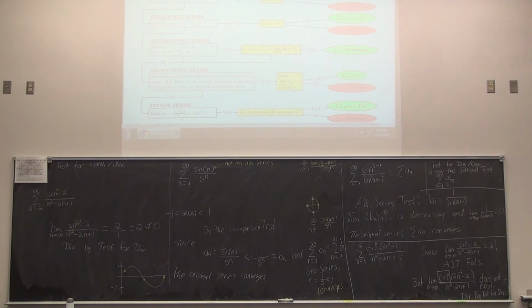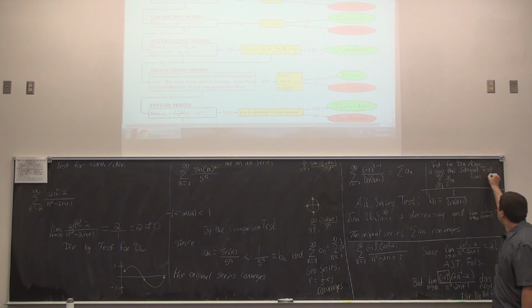So if the problem says use the integral test, you're fine to assume the hypotheses of that test are met, and they don't have to be checked. But if you like, you could say, let f of x equal x divided by e to the -3x. This is a bad one. Let's let it be positive 3x. Then that would be a continuous positive decreasing function. It's just not something you necessarily have to state.